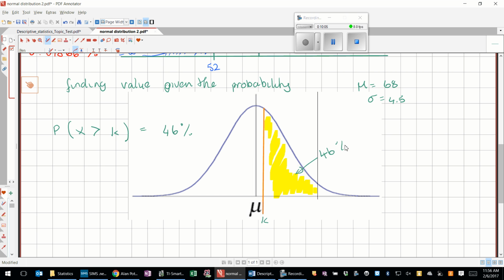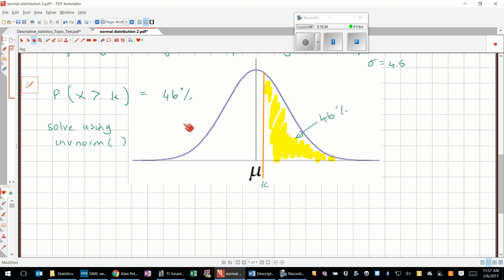But if you start from 0 and go up, wouldn't 46 be less? Well, that's the question, isn't it? So I'm going to solve this using inverse norm on the calculator. But what rule did I say inverse norm applies to on the calculator?